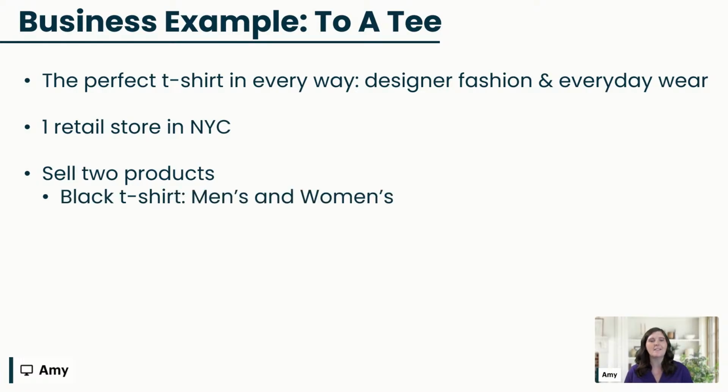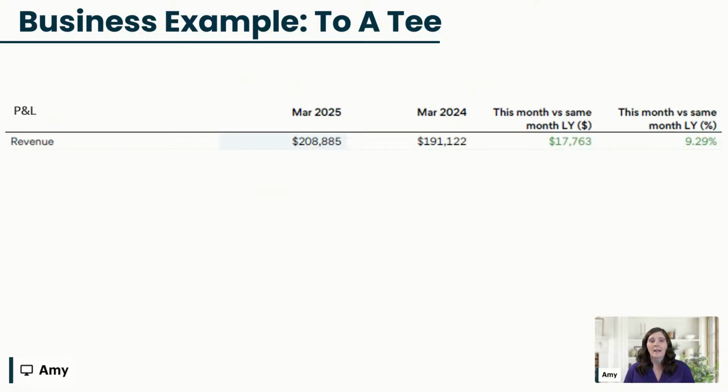So let's move on. Here is an example of the first line of a summary P&L. So a summary P&L and a detailed P&L, let's talk about that quickly. A summary P&L just has a couple of lines, the main lines of the P&L. So revenue, expenses, profit margin, and profit after expenses. So those four lines. A detailed P&L lists out everything.